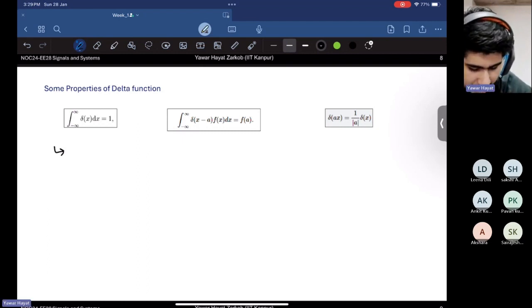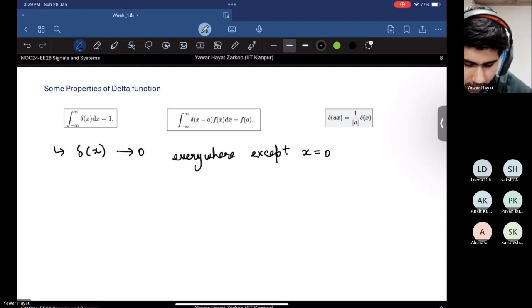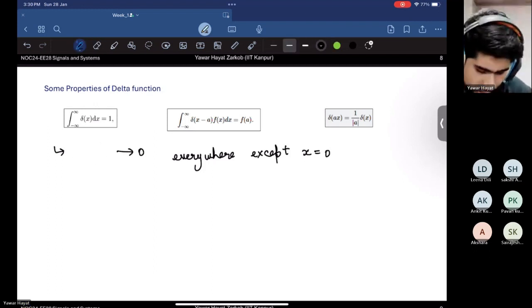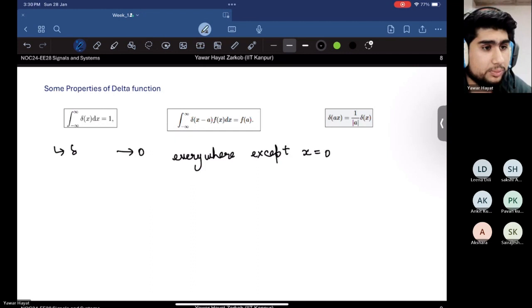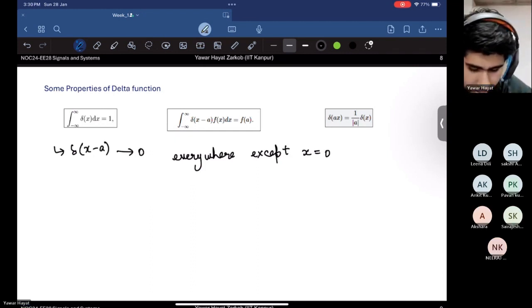We know that the delta function of x is 0 everywhere except at x equal to 0. If it had been delta of x minus a, this would have been 0 everywhere except at x equal to a.